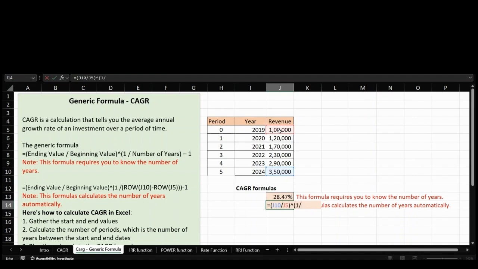then 1 divided by, now row reference we have to give. So here we will write row, and then we'll give minus, then again row reference of the first beginning value.